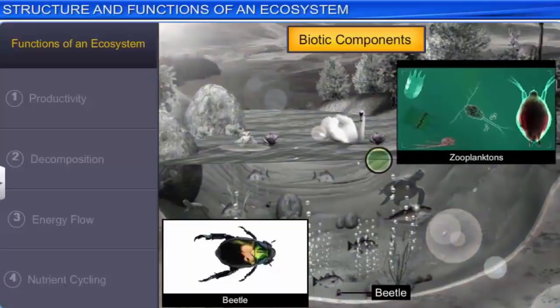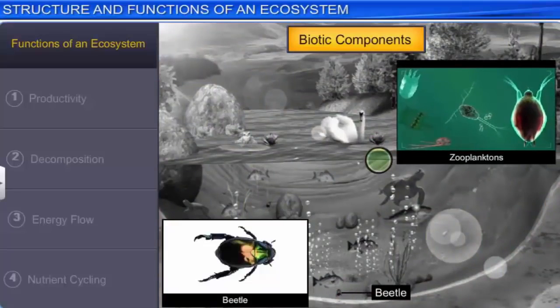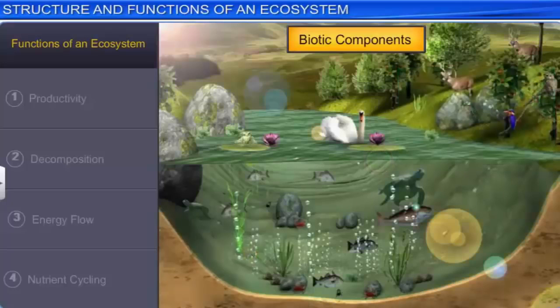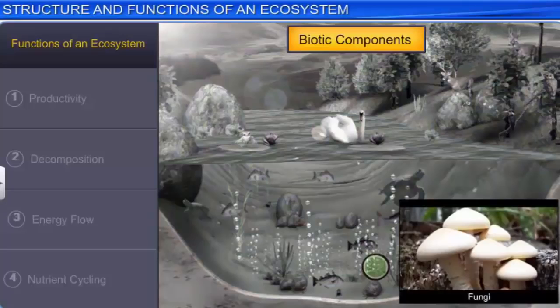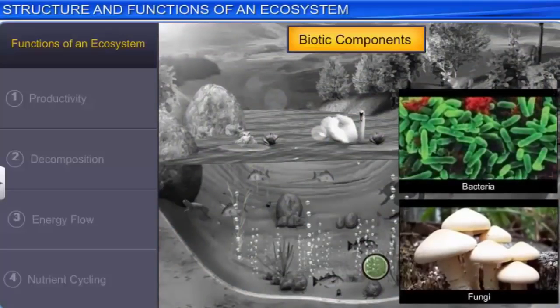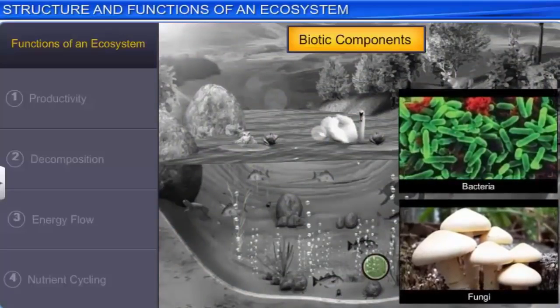Some of these heterotrophs are herbivorous, while others are carnivorous. The decomposers also fall under heterotrophic components and include several species of fungi and bacteria, usually found in abundance at the bottom of the pond.